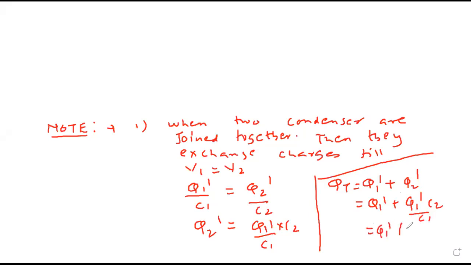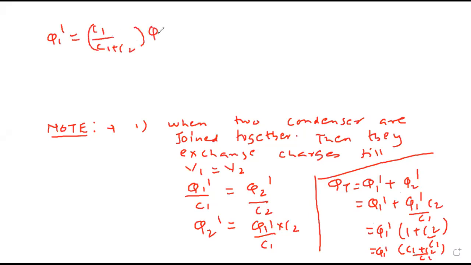So Q1 dash common, 1 plus C2 upon C1, that is Q1 dash into C1 plus C2 upon C1. Q1 dash is C1 upon C1 plus C2 of total charge. Then Q2 dash will become C2 upon C1 plus C2 of total charge.